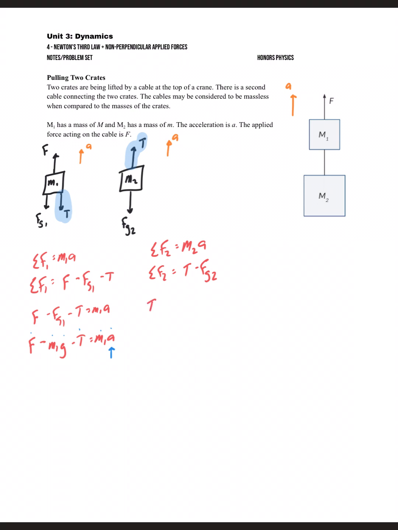Substituting everything in, T minus Fg2 equals M2A. So tension minus M2G equals M2A. So once again, we have this acceleration pointing upwards. We have the same variable T in both of those, and that's going to be the way to solve most of these questions.